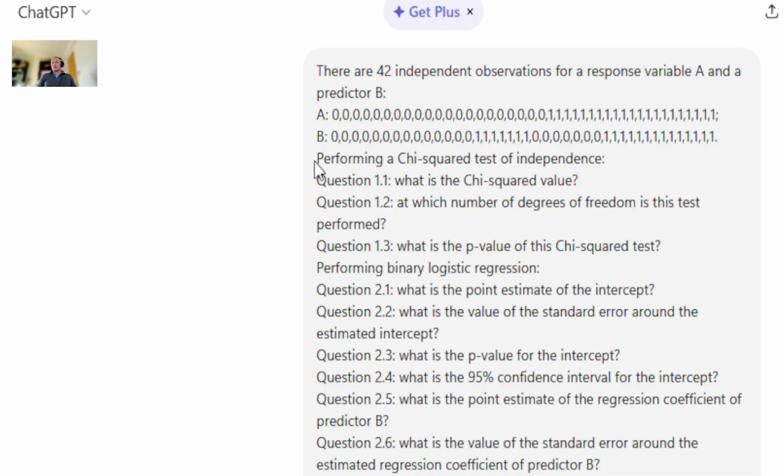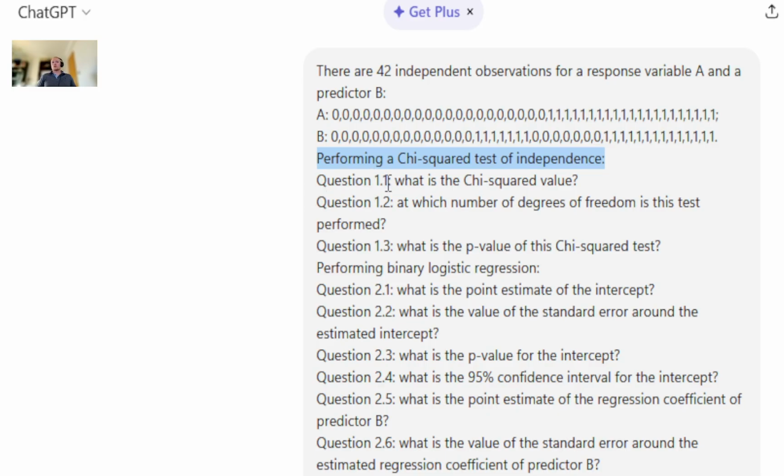So then I have a bunch of questions. In the previous videos that I shared on this kind of analysis, I explained that first of all there is context, then there is data, and then there are of course questions that you want to have answered, or an order. In this case, performing a chi-squared test of independence, because we assume independent observations.